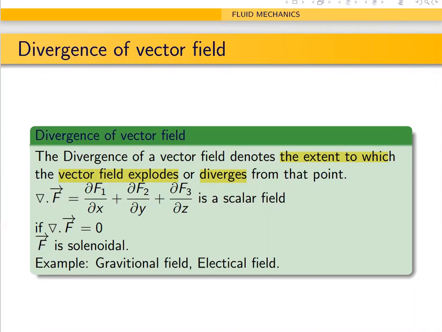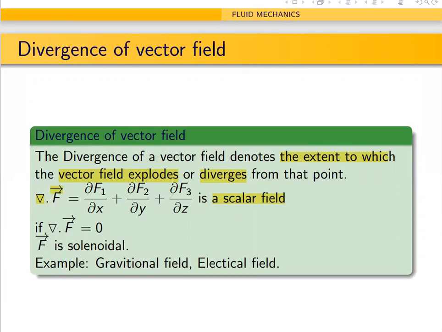That's the meaning of divergence of a vector field, and it is denoted by del dot f. Del dot f is a scalar field, and that is dou f1 by dou x plus dou f2 by dou y plus dou f3 by dou z, where f1, f2, f3 are components of the vector field f.